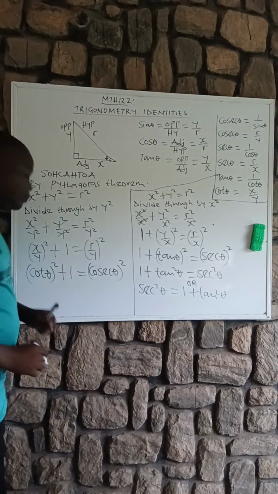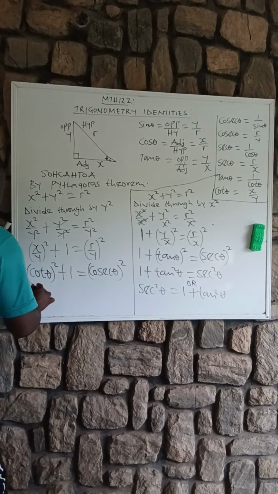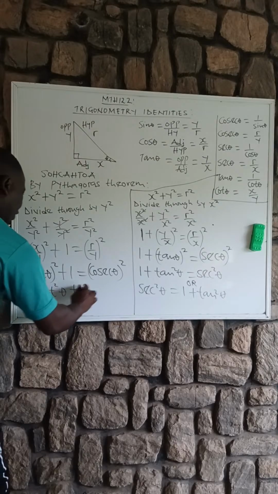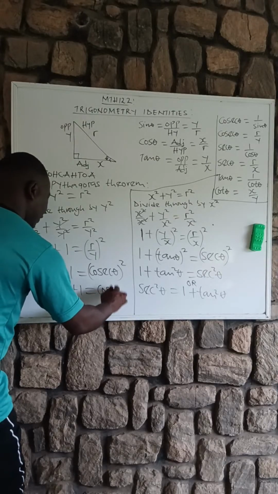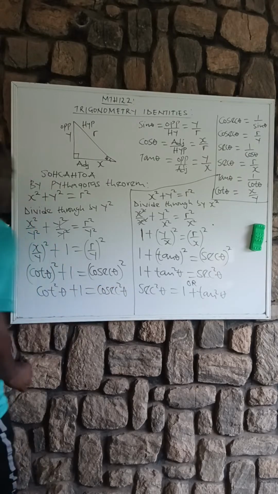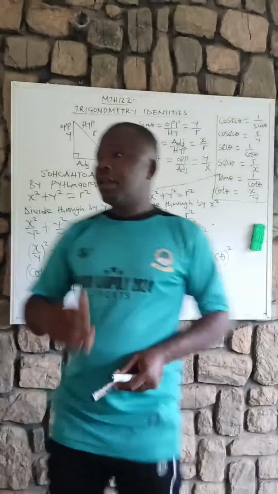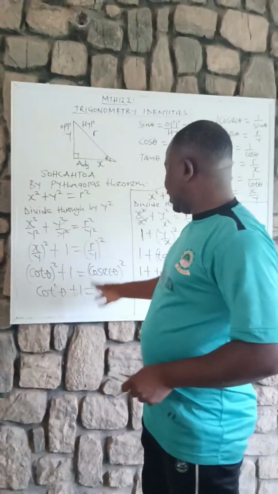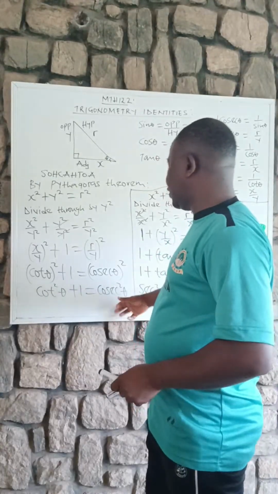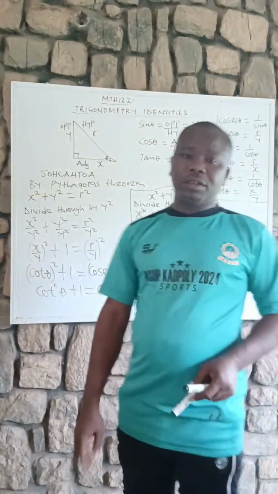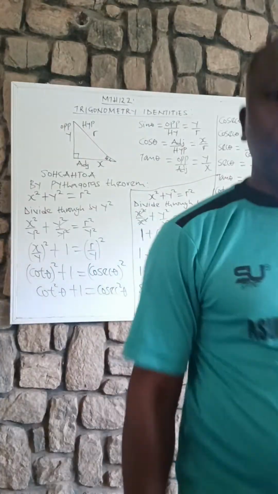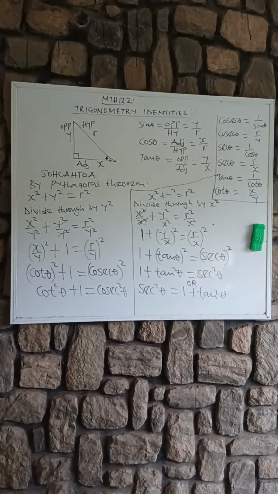Do you agree with me? So far so good. This is cot squared theta plus 1 equals cosec squared theta. So whenever you come across any identity, maybe you are asked to prove that either this is equal to this or this is equal to this, this is what you are going to do. Any question? Let me give you 1 minute to ask questions. Any question? Yes or no? No question?